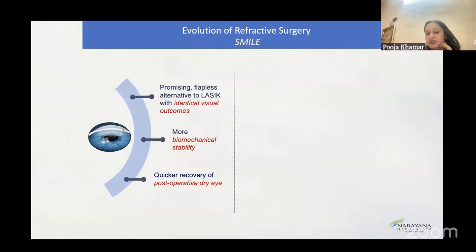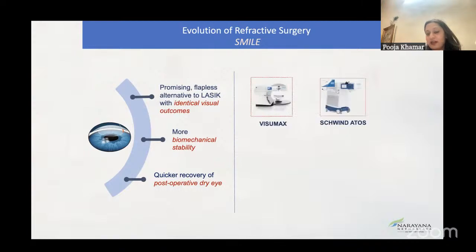Lenticular procedures are probably the way forward, but that doesn't mean LASIK and PRK are not going to be here. And the advantage here is it's flapless. PRK is not the only flapless procedure. Now you have the lenticule extraction procedure also, and it's quicker recovery in terms of dry eye. And you do have these procedures from Visumax, Schwind, J&J, and Ziemer, which gives you options as well.